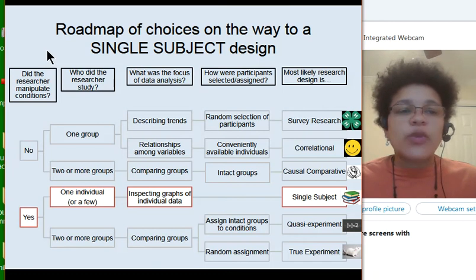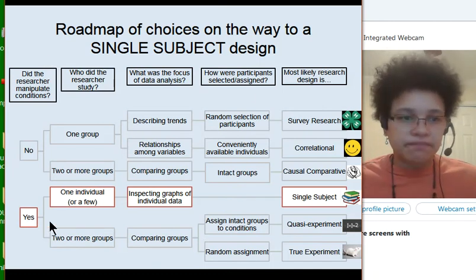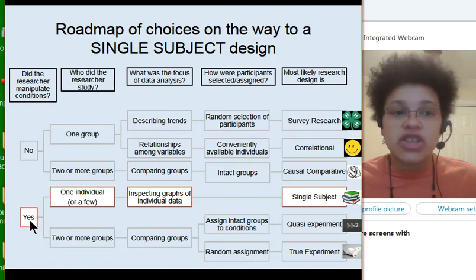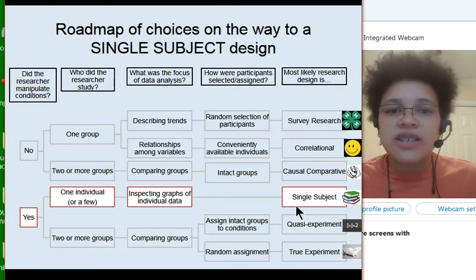So let's talk about the roadmap of choices on the way to a single subject design. Yes, you're manipulating conditions. In a single subject design, you have one individual or just a few who are participants in your study. You're expecting graphs of individual data, usually. And we're going to use a reading example for that.